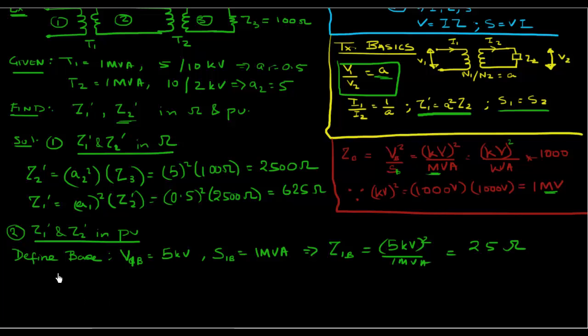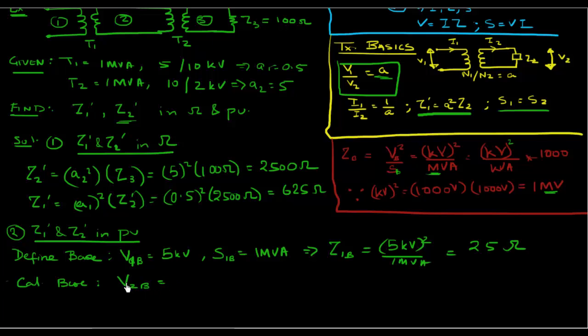Now, what about circuits 2 and 3? We could go ahead and define some bases there as well. But what does our intuition really tell us? These circuits, as I mentioned, are physically separated, but they are not electrically separated. We have formulas which connect voltages on circuit 1 to circuit 2. These equations right here. So we can calculate the remainder of our bases in the remainder of our circuits using this calculation.